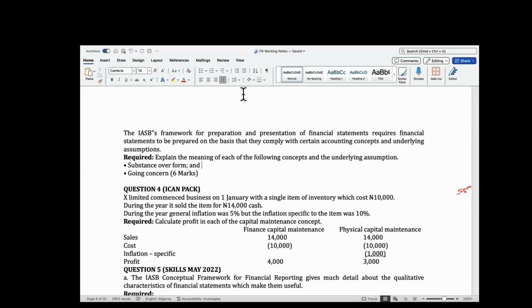Yeah, I'm with you. Is that all? Yes, sir. Okay, you tried. Just that it's not clear. It's just as if you are repeating the phrase itself. So for substance over form, you'll be required to give some examples just for it to be clearer. Okay, let me give further examples, sir.